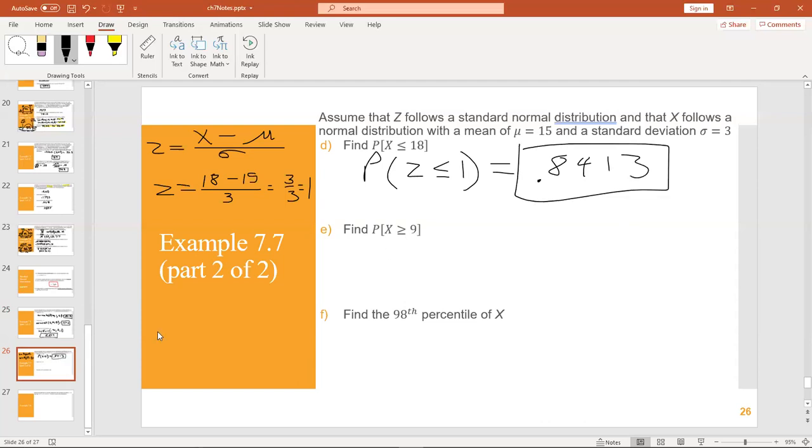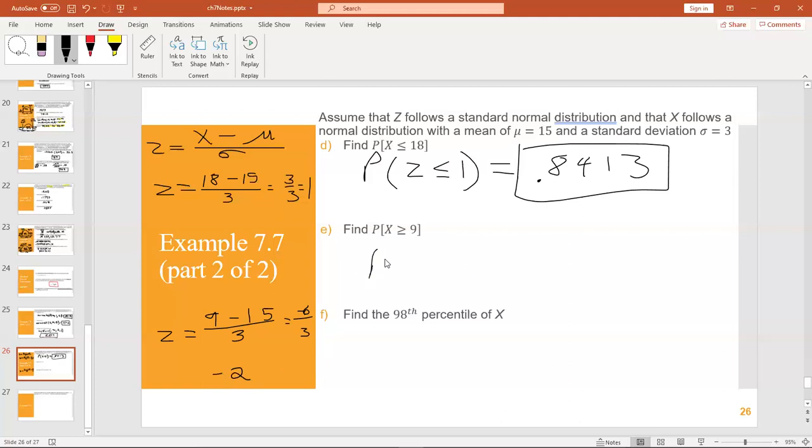Here we're going to do something similar. So we've got z is, here's your x value, which is 9. You'd subtract 15 and then divide that by 3. 9 minus 15 is -6. And then divide that by 3, which is going to give you -2.